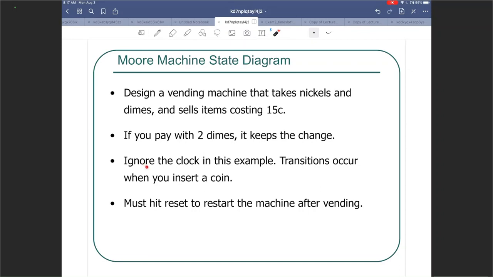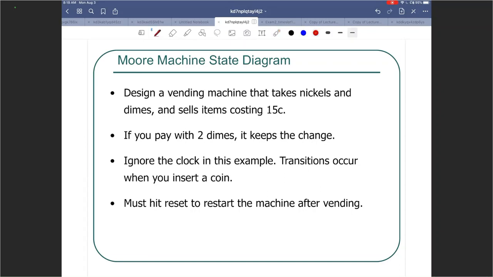We are going to ignore the clock in this example. So if you have any storage elements, that is flip-flops, any type of flip-flops that you might try to use, for all those flip-flops, the master clock is going to be ignored. Instead, we are going to use insertion of a coin as the triggering event to go from one state to the other, or reset as well, right?